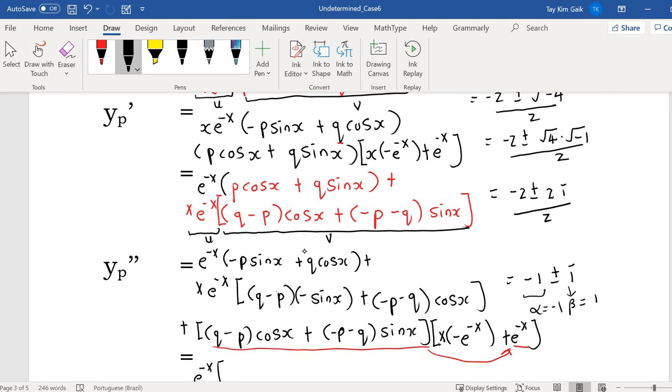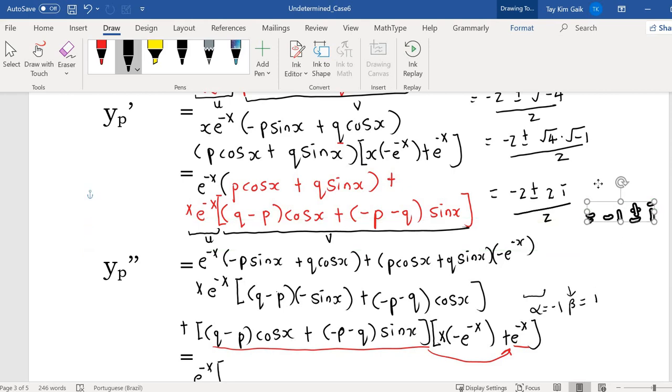So this is u, this is v prime for the first line, and then you got v u prime, where v is p cos x plus q sin x. Differentiate exponent negative x, you get negative exponent negative x. Put it here.